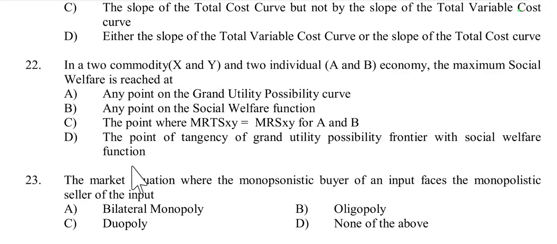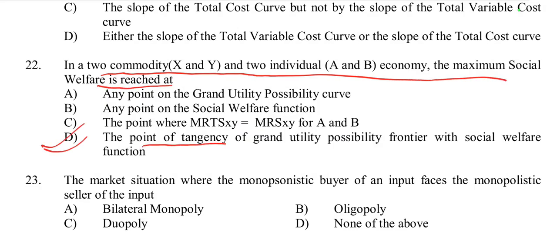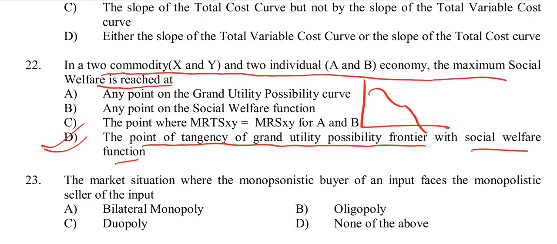Yes, this is the right option, because in a two commodity X and Y and two individual A and B economy, the maximum social welfare is reached at the point of tangency of grand utility possibility frontier with social welfare function. This is the equilibrium point.